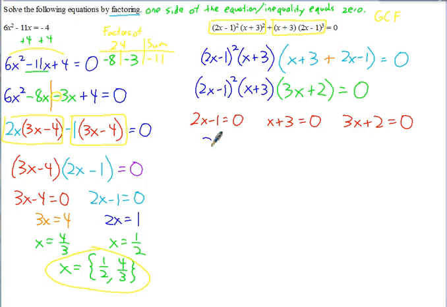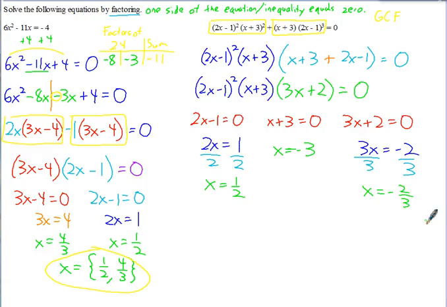So here you would add the 1 to both sides, you get 2x equals 1, divide by 2, gives you x equals 1/2. On this one you'd subtract the 3 from both sides, gives you x equals negative 3. This one you would first subtract the 2 from both sides, would give you 3x equals negative 2, and then divide by 3 on both sides, would give you x equals negative 2/3.